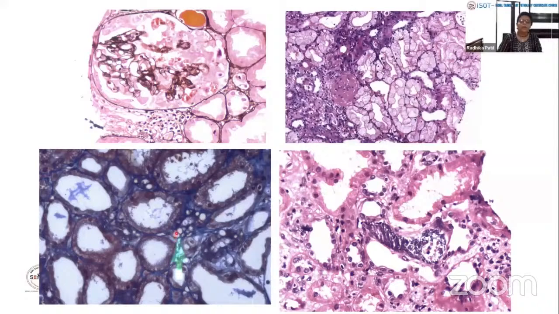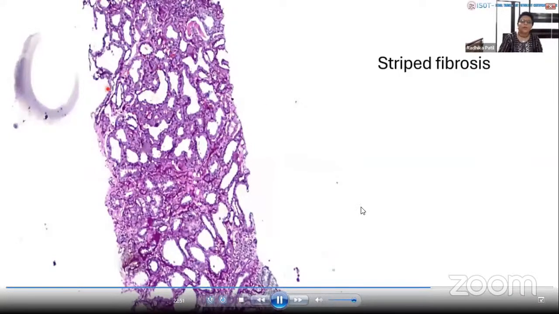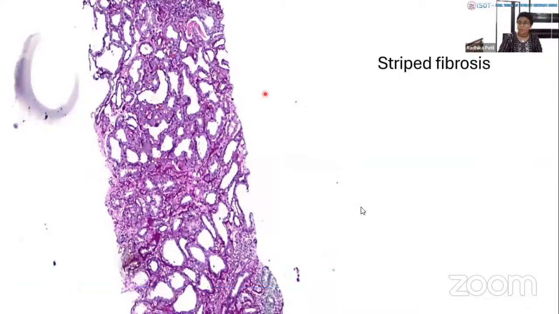There is CNI arteriolopathy. This is an arteriole and it is showing ballooning of the smooth muscle cells of the arteriole, and there is luminal calcification in the tubules. Striped fibrosis, that is, there are alternate bands of fibrosis. This is the preserved cortex and this is interstitial fibrosis.